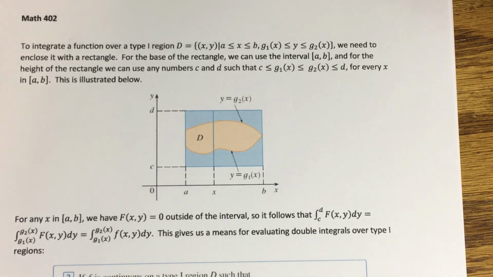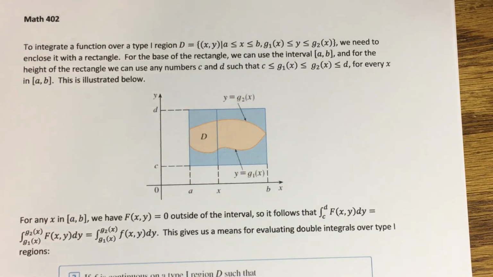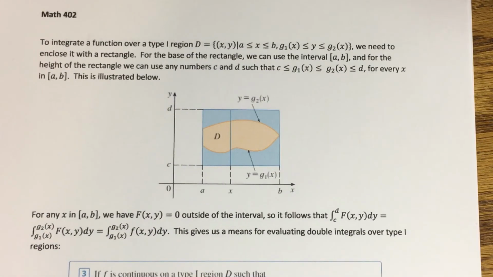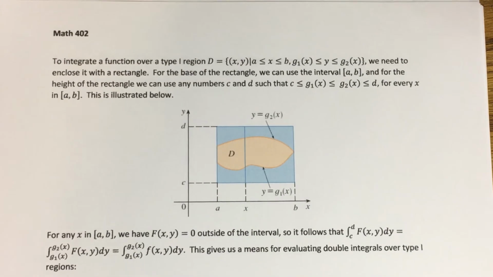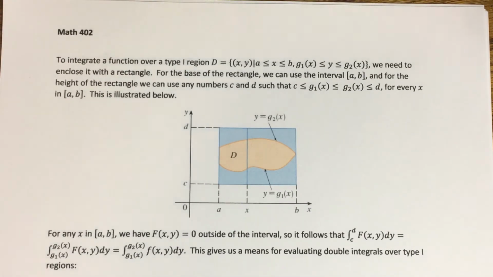So remember, when we're talking about iterated integrals for evaluating double integrals, there's that inside integral and that outside integral. And that inside integral, based on what we talked about in 15.1, actually represents the area under a curve. It's a curve that we get from taking the intersection of a surface with a plane parallel to one of our coordinate planes.